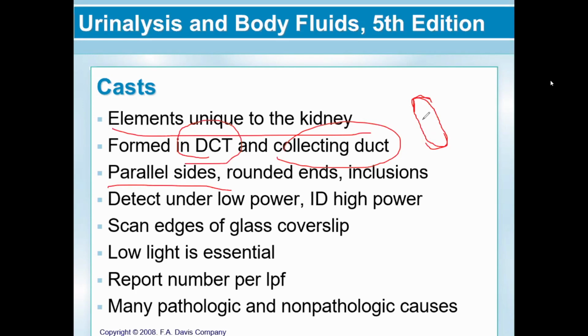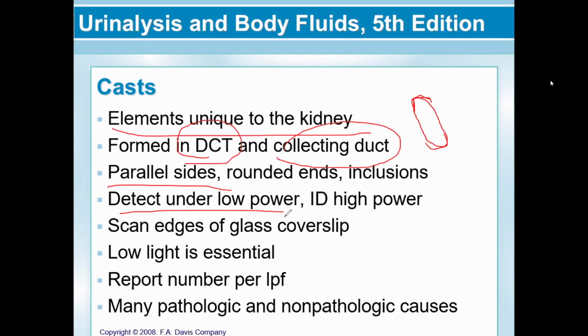So how do you name your cast? If it contains red blood cells, we call it a red blood cell cast. If it contains white blood cells, we call it a white blood cell cast, and so on. Where do we detect casts? Under low power. In most laboratories, the reporting is per low power field.